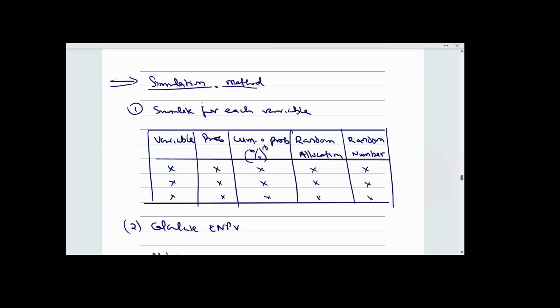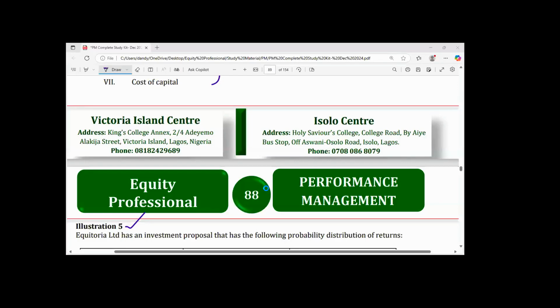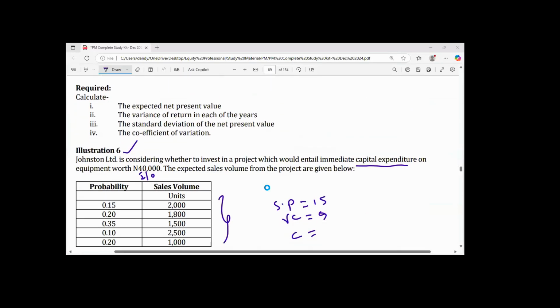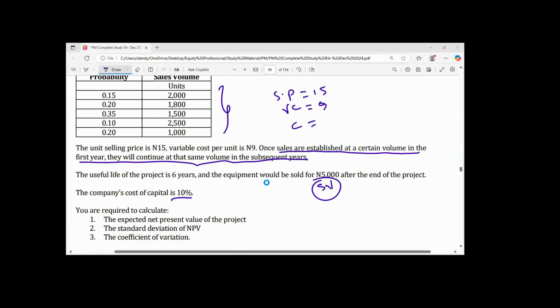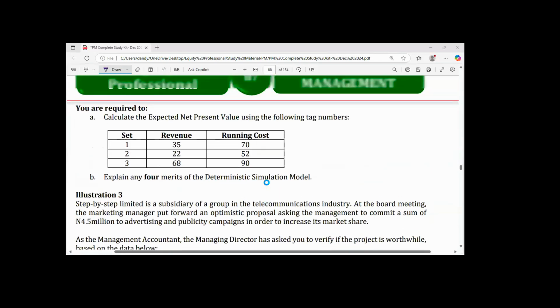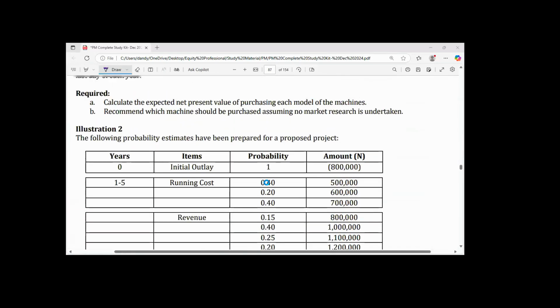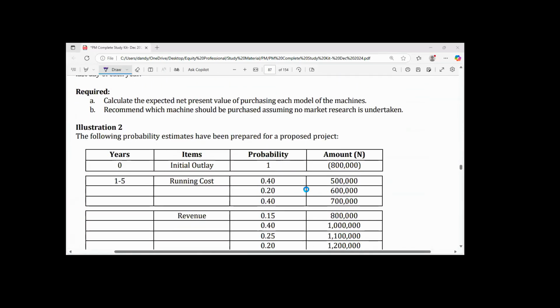Let me stop sharing this. All right. Let's have an illustration that involves simulation. Yes. This is the last illustration. This is the last question tested by ICAN on simulation.